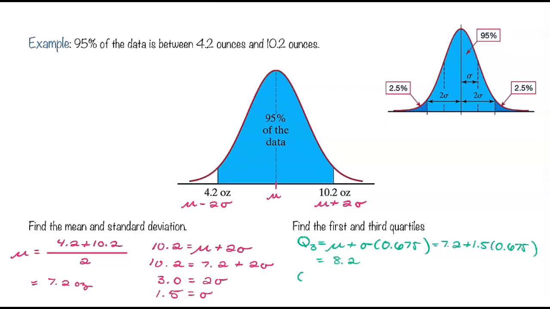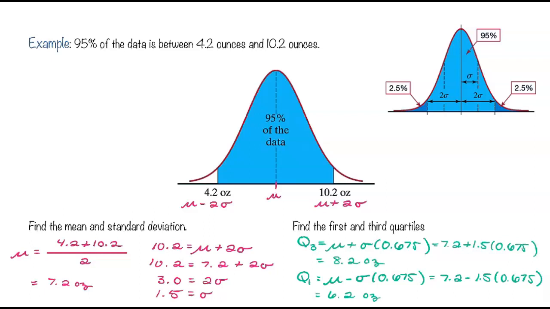The first quartile can be approximated by subtracting the standard deviation times 0.675 from the mean. And with a mean of 7.2 and a standard deviation of 1.5, we find that the first quartile is approximately equal to 6.2, or 6.2 ounces.